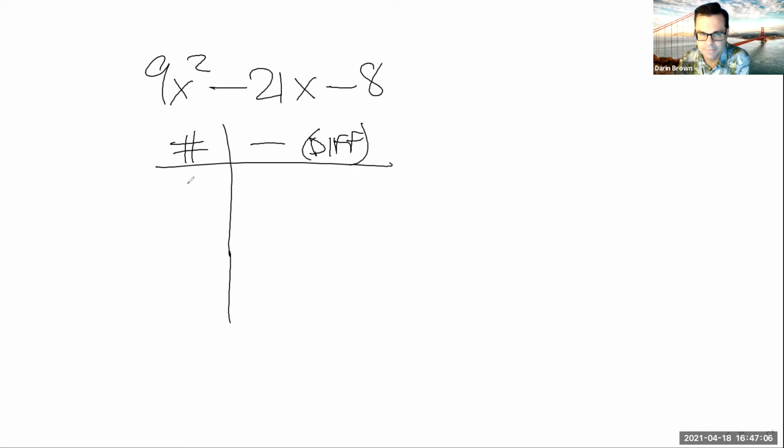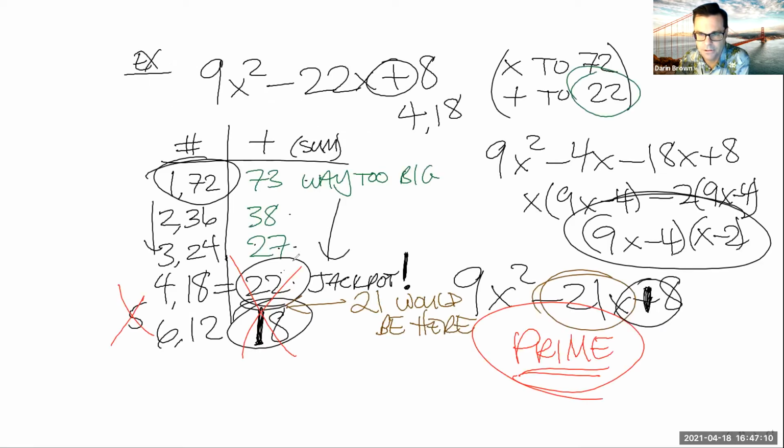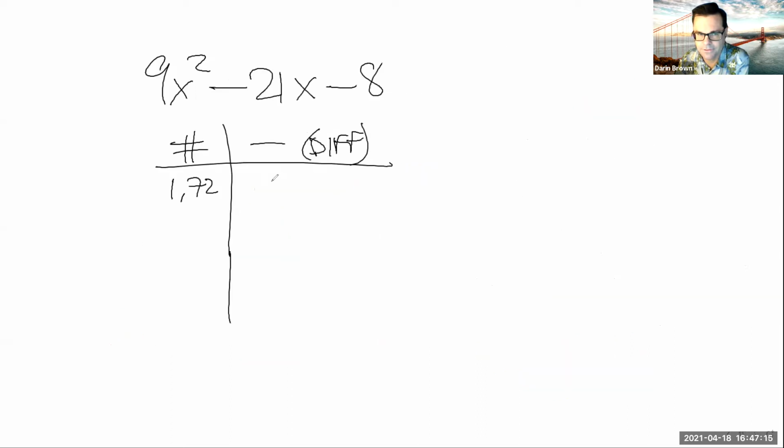So now I'd make the same table. I start at 1 and 72, but instead of listing the sums in the right-hand column, I would list the differences, 71. 2 and 36 is a difference of 34. 3 and 24 is a difference of 21. And there it is. So see, you have to be super careful when you set up these tables.